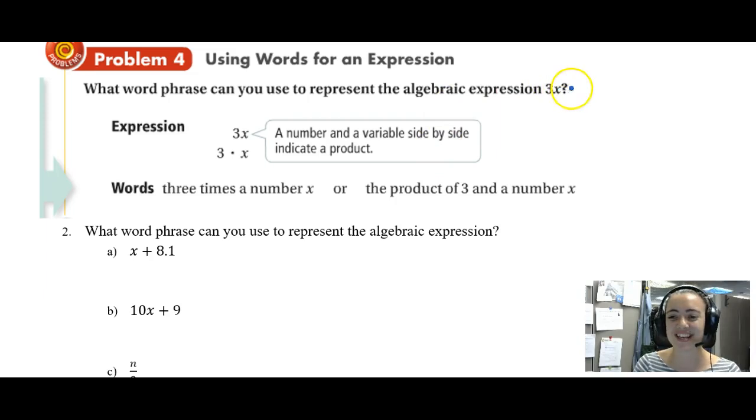So let's think about what this is in math language and translate it to English. 3x is just like saying 3 times x. So you could say 3 times a number x. Or we learned that other new word that you're going to see popping up a lot in mathematics, product. So you could also write the product of 3 and a number x.